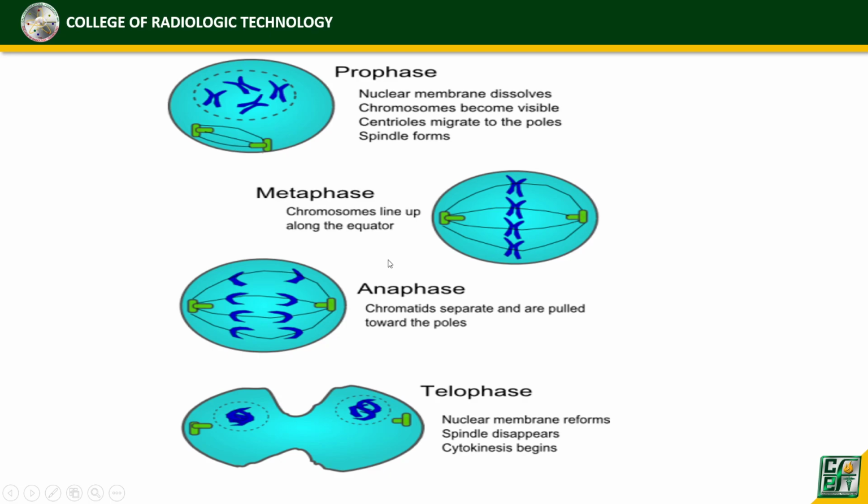Then in metaphase, the equatorial gathering. So the chromosomes gather in the center or the equator of the cell.